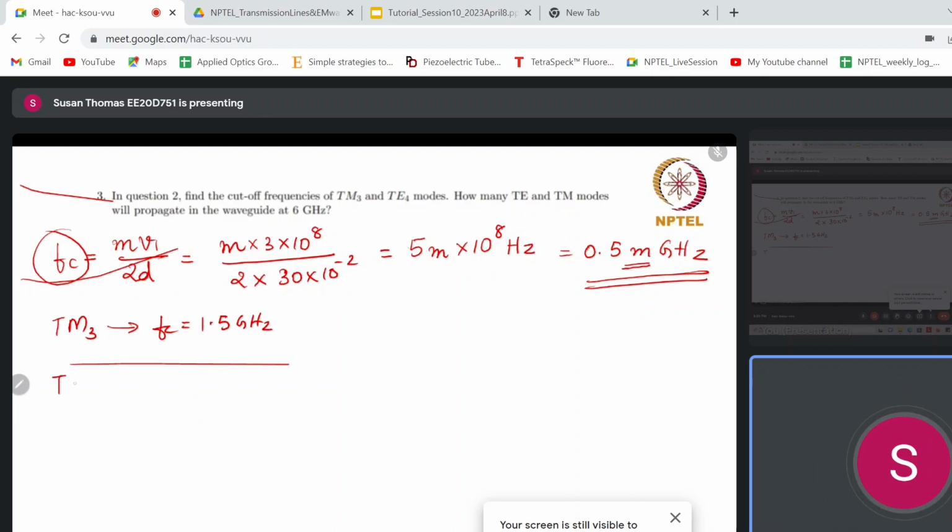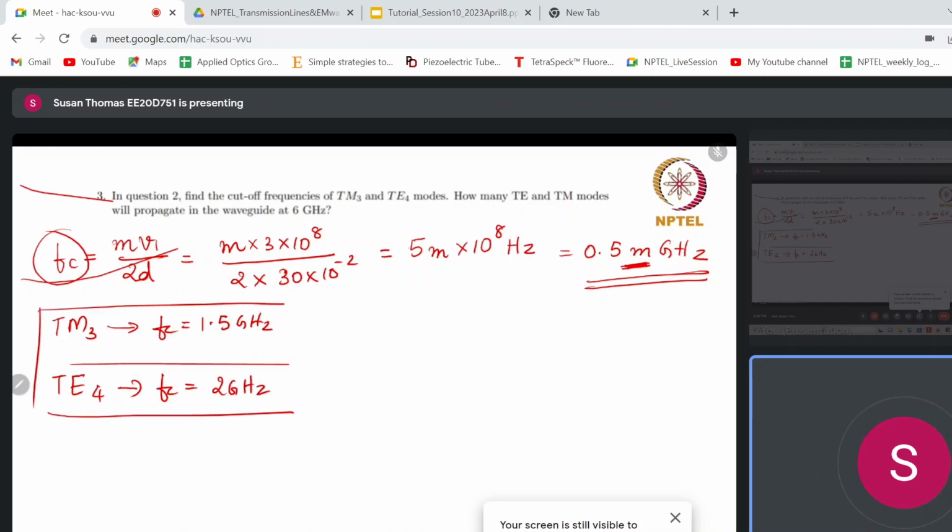Similarly, for the TE4 mode, substitute m equal to 4. So 0.5 into 4 is 2 gigahertz. That is for the TE4 mode. So these are the cutoff frequencies of the TM3 and TE4 modes.